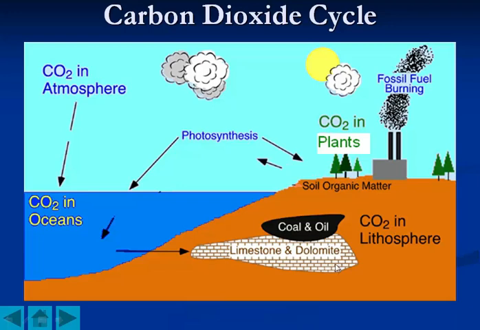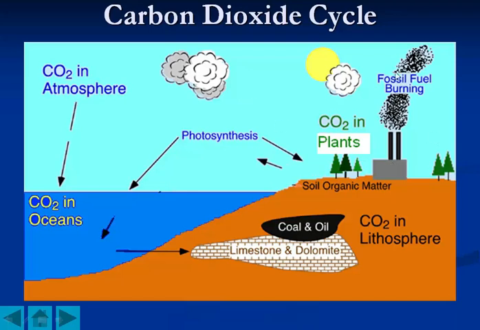CO2 is also trapped in the lithosphere in the form of limestone or dolomite. Atmospheric CO2 is absorbed into the ocean by the organisms present in the oceans. They consume this CO2, so the majority of CO2 gets absorbed into the oceans. So this is a normal carbon dioxide cycle.